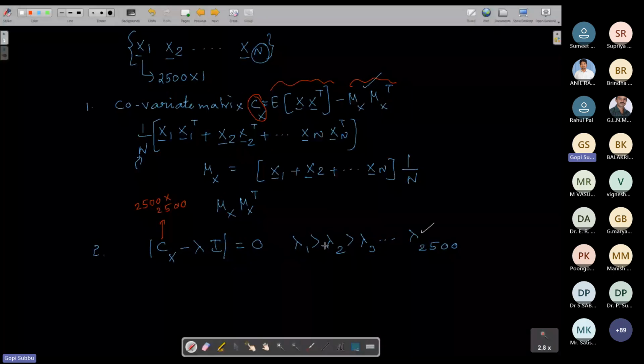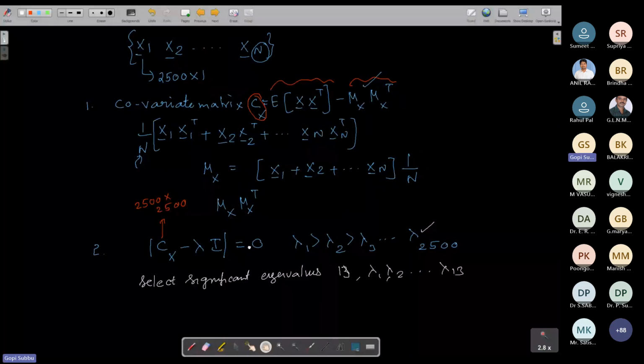You arrange them in decreasing order and select the significant eigenvalues. Say, for example, you select 13 eigenvalues, lambda 1, lambda 2, and so on up to lambda 13. Significant means the other values are almost 0.